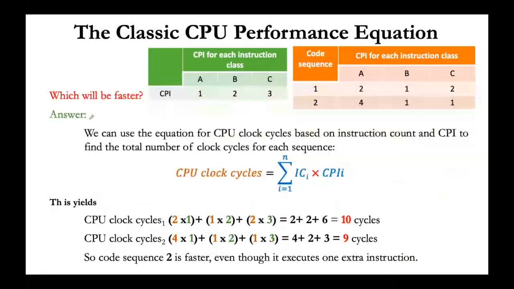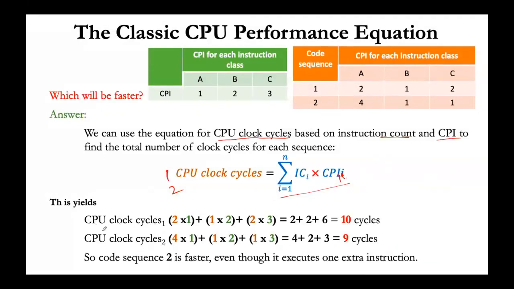Now calculate which will be the faster, A, B or C. We can use the equation for CPU clock cycles based on instruction count and CPI to find the total number of clock cycles for each sequence, calculated as the number of instructions multiplied by the cycles per instruction.